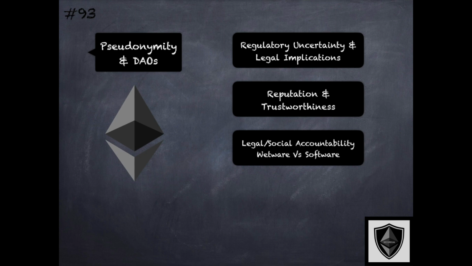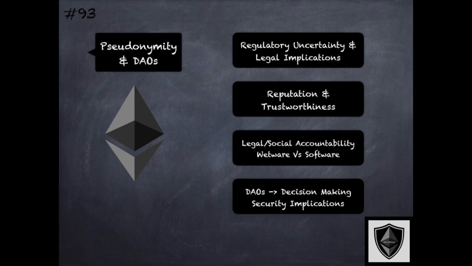I mean, a centralized entity in the Web2 space can make this decision immediately, unilaterally, and deploy that fix in a few hours, if not less. But in the case of Web3, in the case of the DAOs, the decision making is decentralized, but it has downsides or implications from a security perspective.